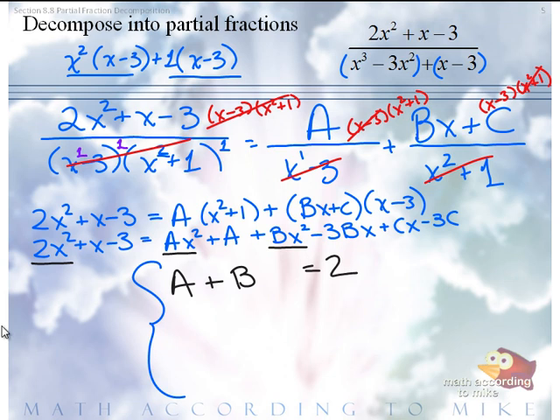And notice we have one x on the left. Here's an x term. Here's another x term. So what equation will that be? Negative 3b plus c equals 1, yes. So that equation came from the coefficients of the x's.